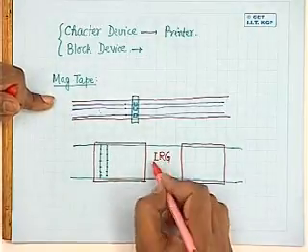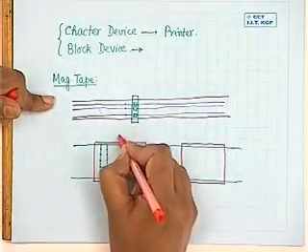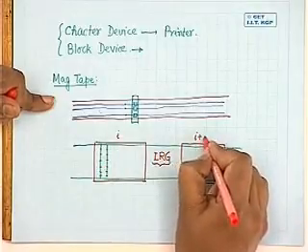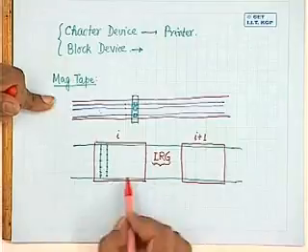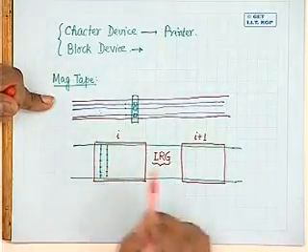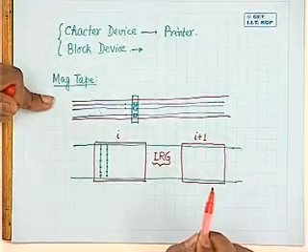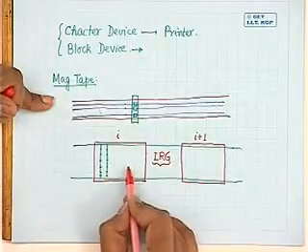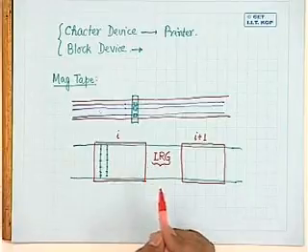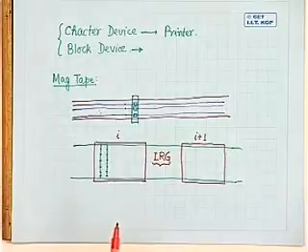Now the purpose of maintaining this inter-record gap is this. Suppose this is the ith record, and this is the (i+1)th record. Currently, suppose I am reading the ith record, and the next record that I want to read is the (i+1)th record. As I mentioned, data can be accessed from this magnetic tape only when the tape moves at a constant speed, specified for a particular drive.